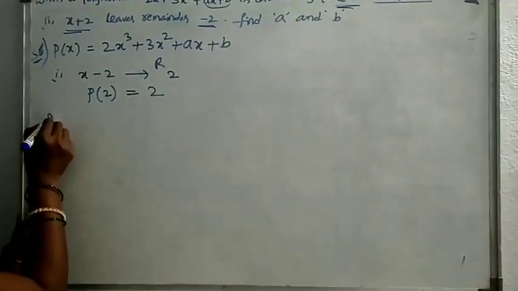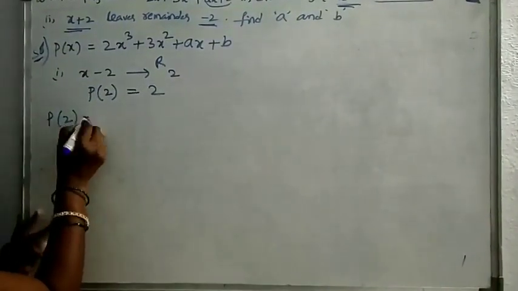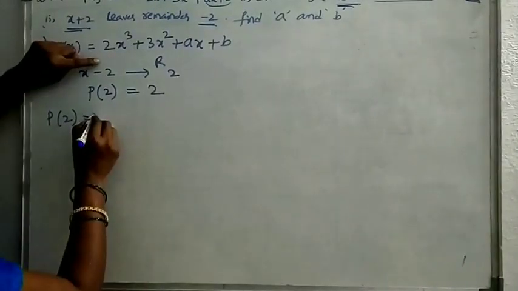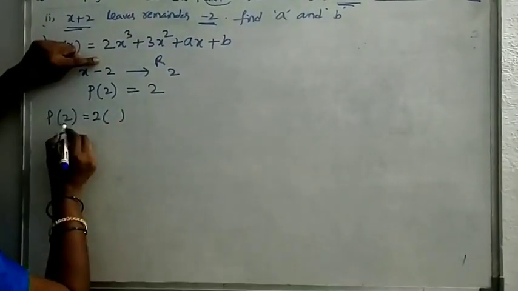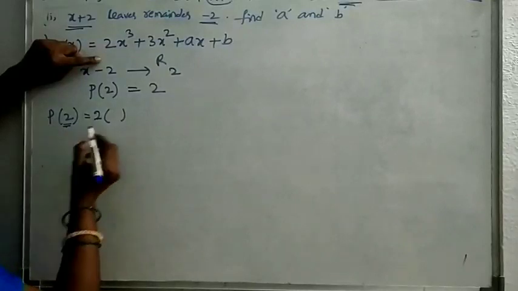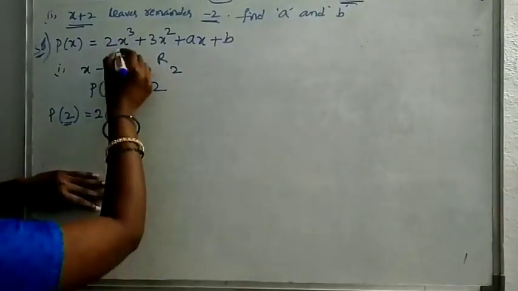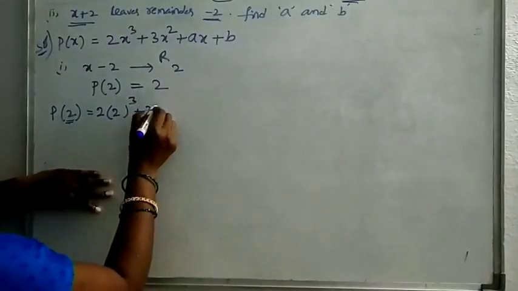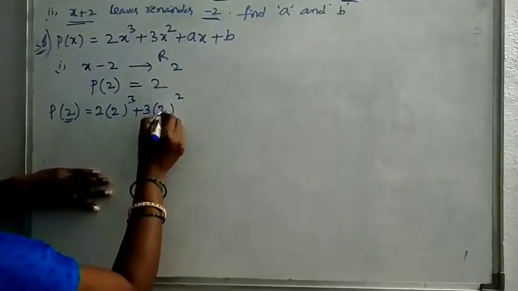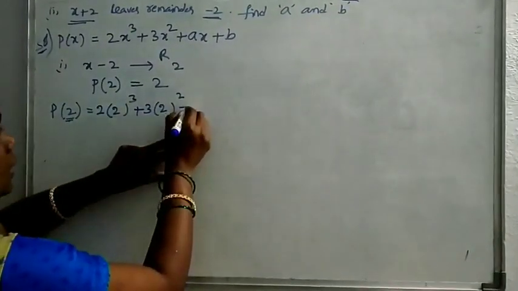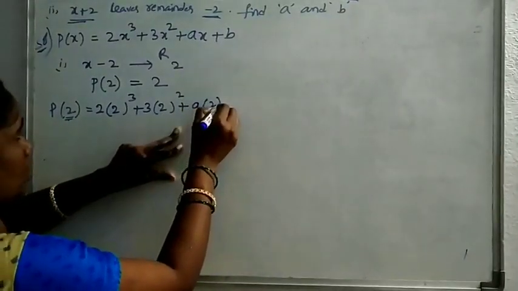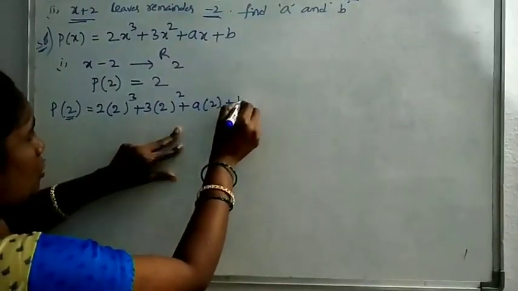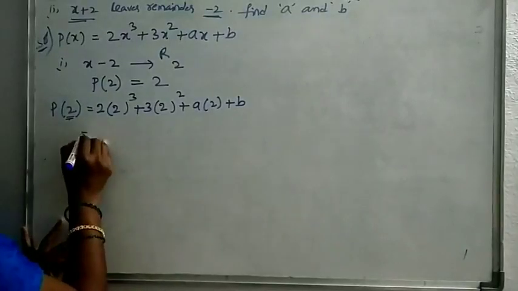So now we will find P of 2. So P of 2 means we have to replace x with 2. X cube means 2 cube, plus 3 into x square, that means 3 into 2 square, plus a into x, a into 2, plus b.